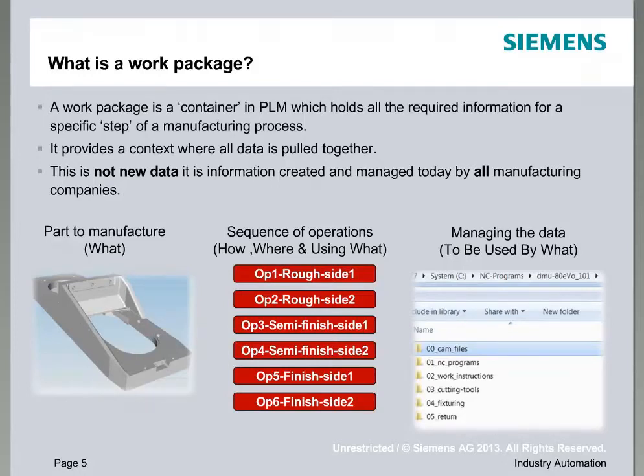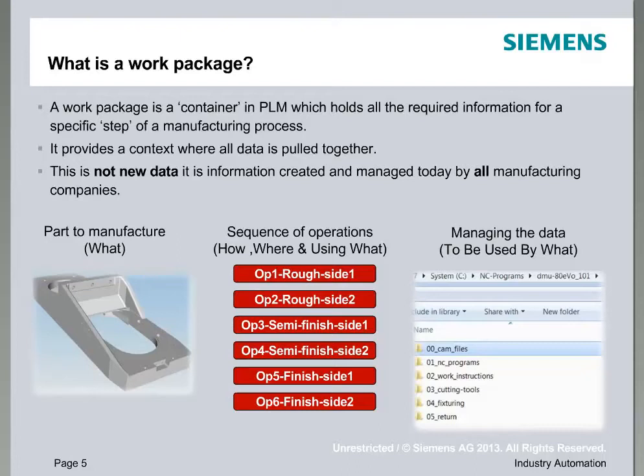Basically, what we're going to do is try to explain to you what we at Siemens think of as a work package. A work package to us is really a container in PLM which holds all the information that you need for your manufacturing process, for your manufacturing step.